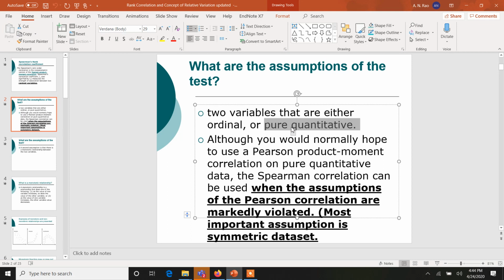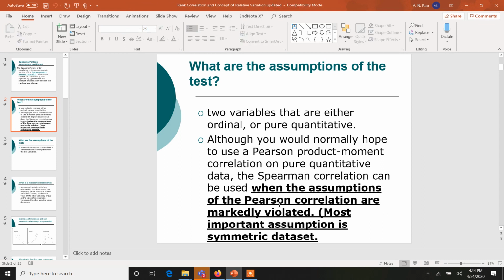What I'm saying, for example, if the data is skewed, that is, we have an outlier, we can apply the rank correlation coefficient on that type of data. Okay, so when the assumptions of the Pearson correlation coefficient are violated, for example, we have skewed data, which is the exact opposite of symmetric data, we can apply the rank correlation coefficient.